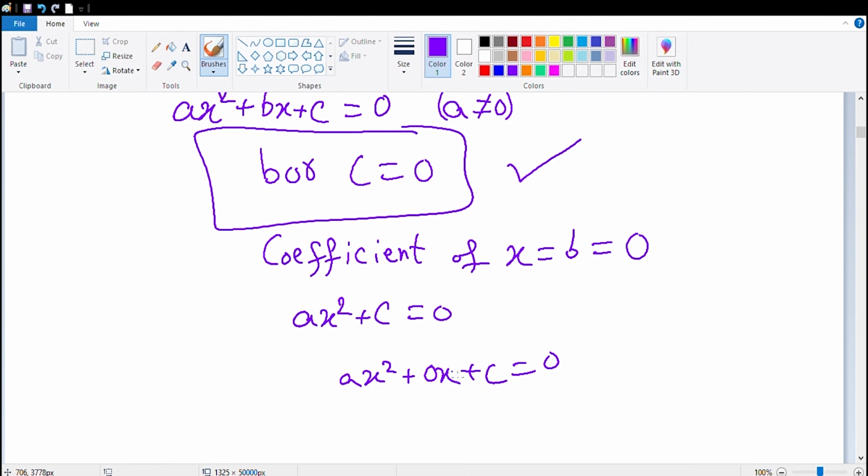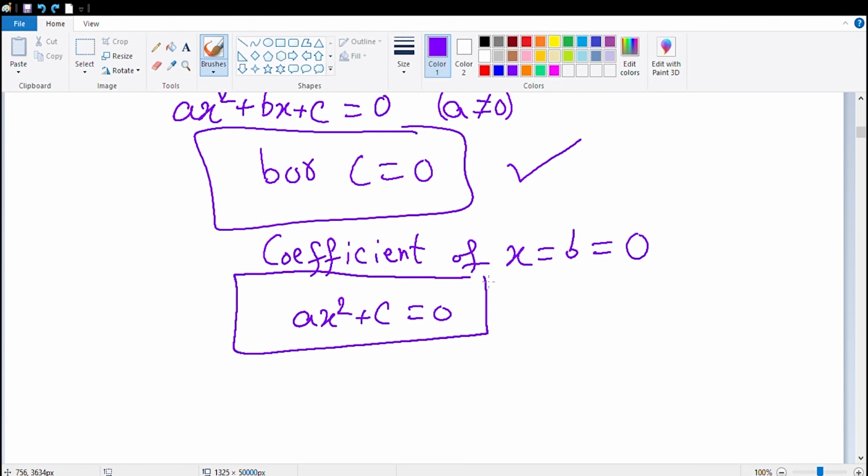You're obviously not going to write this because it's just not needed. It's literally 0, and 0 doesn't make a difference unless you're multiplying or dividing, which we're not doing. We're just adding. So when we see that an equation is written in this form, we instantly know that this is a pure quadratic equation.